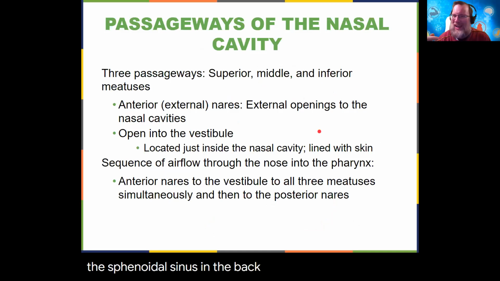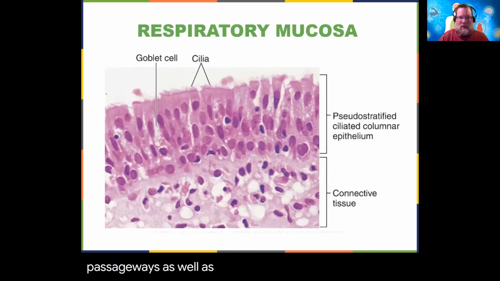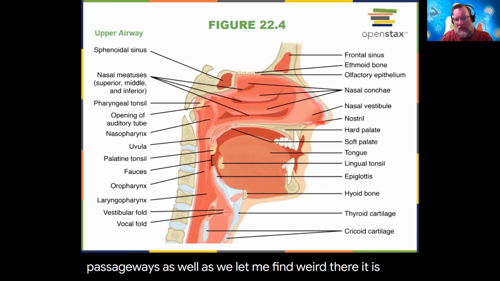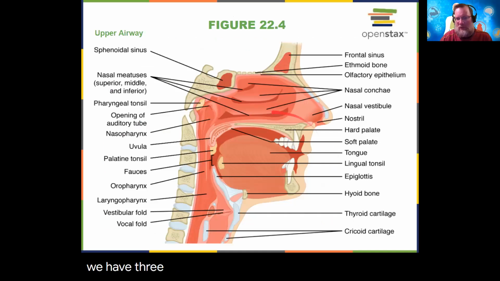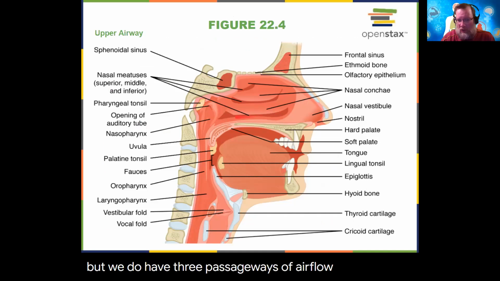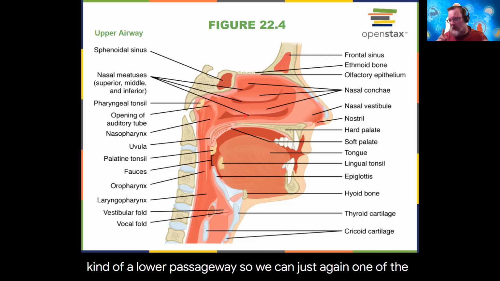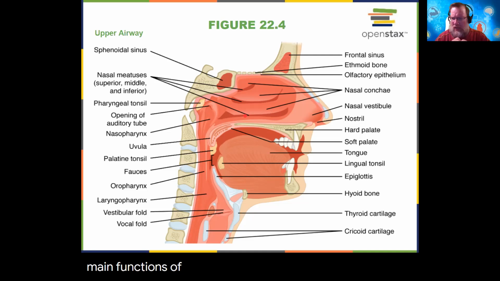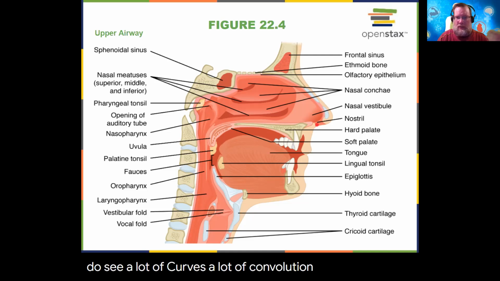All right, we have three passageways as well. I'll go back to those others in a few seconds, but we do have three passageways of airflow. One of the main functions of the respiratory system is air distribution. So we see a lot of folds, curves, convolutions, off ramps and side ramps, so we can distribute air all over the place.